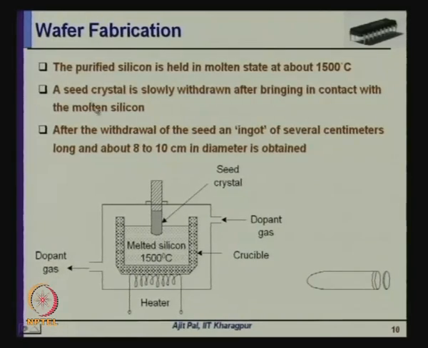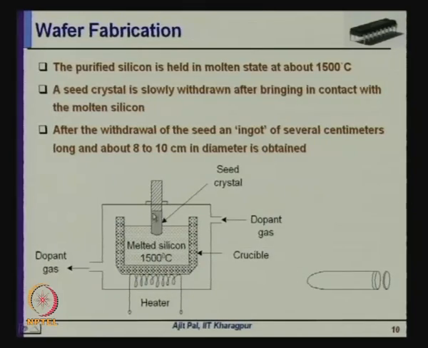Now, what you do is, a seed crystal is slowly withdrawn after bringing it in contact with the molten silicon. Here is a seed crystal which is slightly dipped in this molten silicon, then it is gradually withdrawn very slowly.